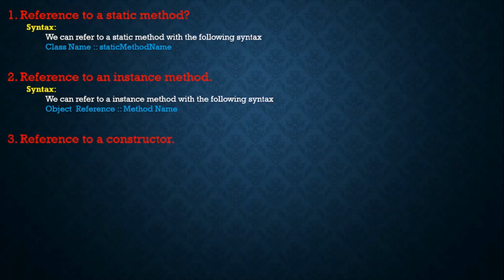Similarly, a constructor we can refer to by the class name, double colon, and the new operator, which creates the object. This is the three ways we can access a static method, an instance method, and a constructor.